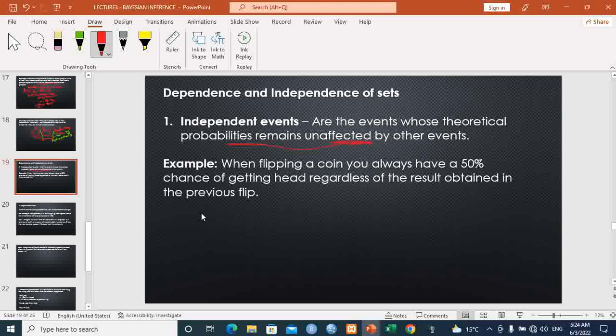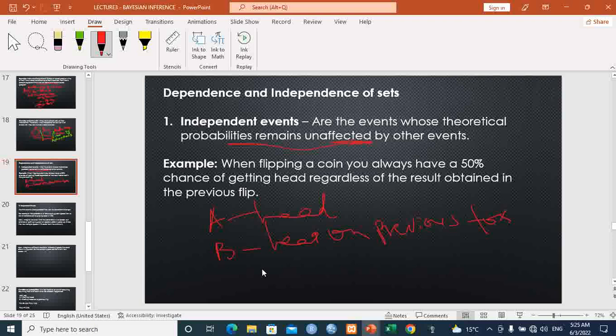For example, let A be an event of getting a head when a coin is tossed, and B be an event of getting a head on a previous toss. Interesting, right? On a previous toss.